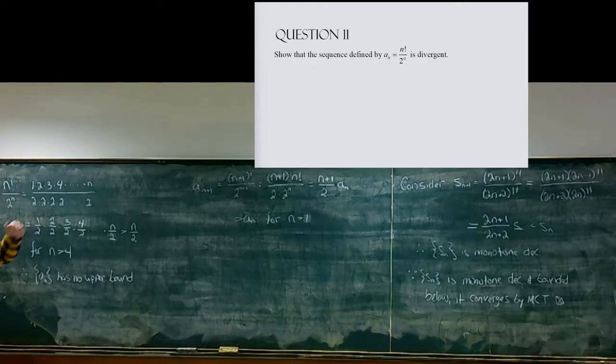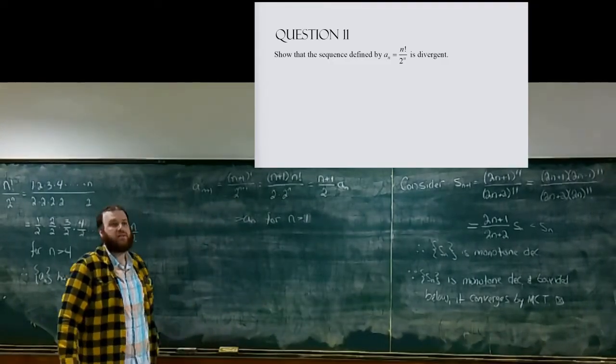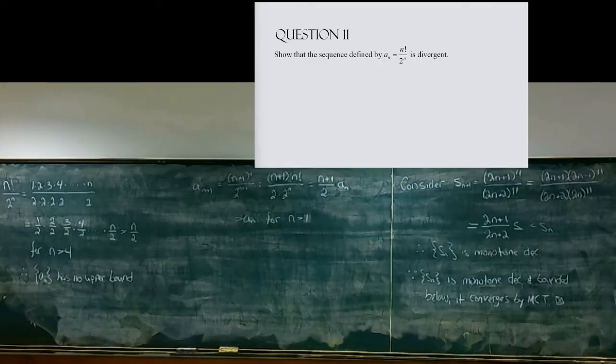At 1, it would be a sub n. But then after that, this n plus 1 over 2 will be larger than 1. That proves that it's increasing, right? Each term is at least as large as the previous term.